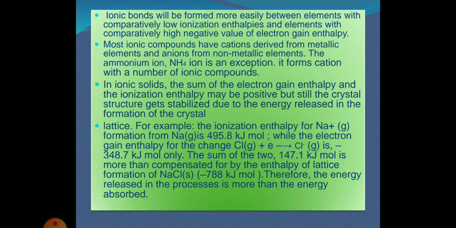Most ionic compounds have cations derived from metallic elements and anions from non-metallic elements. The ammonium ion, that is NH4 plus, is an exception. It forms cations with a number of ionic compounds.